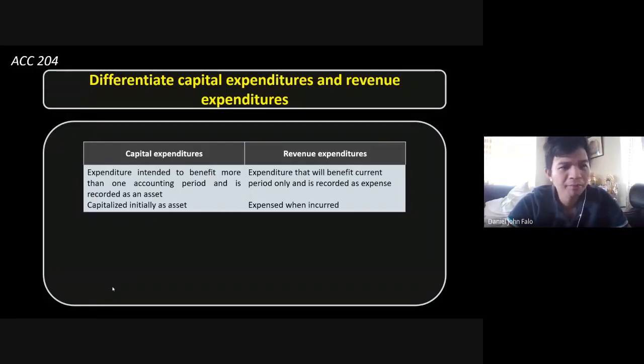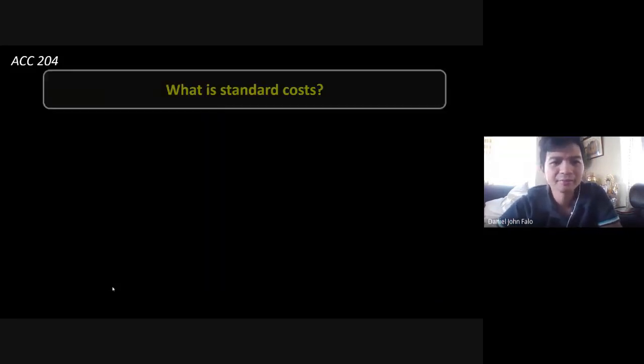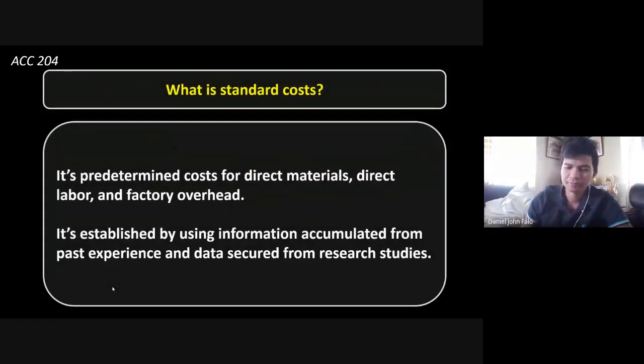Pero take note ha, lahat ng product cost, capital expenditure. Pero hindi lahat ng capital expenditure, product cost. Kasi pag product cost, we are pertaining to manufacturing cost. Under capital expenditure, it includes the acquisition of property, plant, and equipment and other long-term assets. Yan. Okay? Next, what is standard cost?